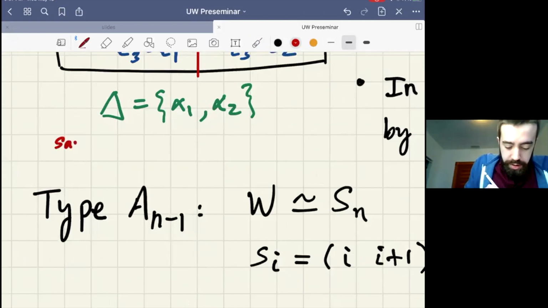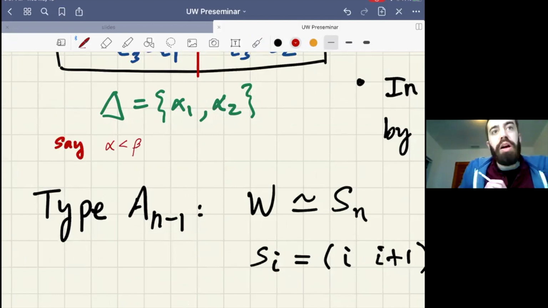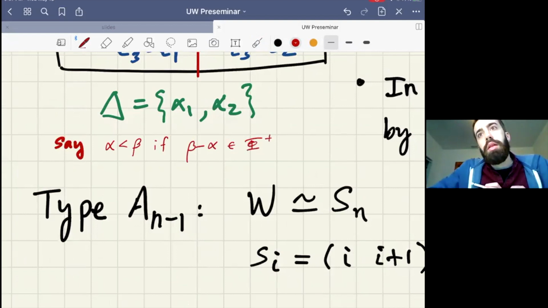Say alpha is less than beta, where alpha and beta are both positive roots, if beta minus alpha is still a positive root. Then the simple roots will be the minimal elements of this poset, and that's called the root poset. Okay, so that's a good question.